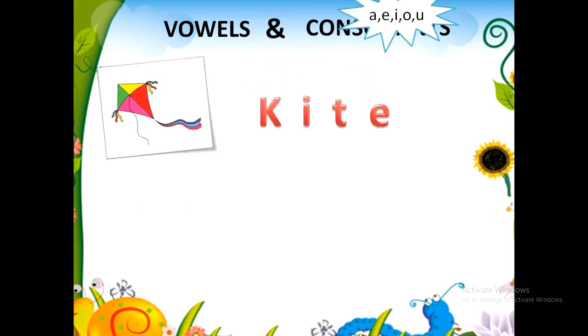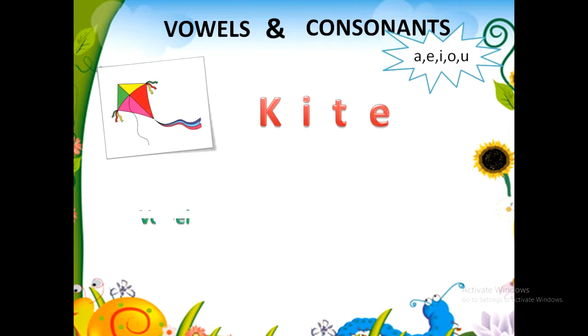Kite. K-I-T-E. Kite. First letter is K. Now tell me, K is a vowel or consonant? Well done, children. It is a consonant. Next letter is I. Yes, I is a vowel.